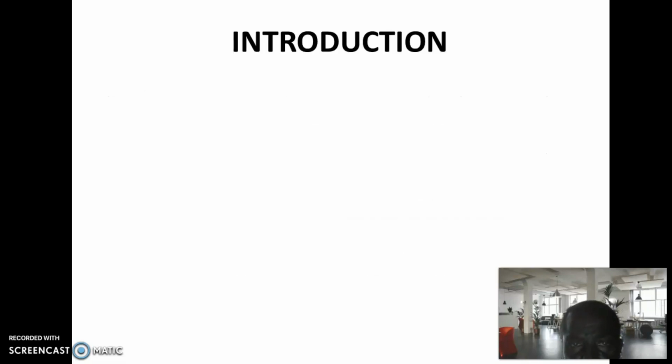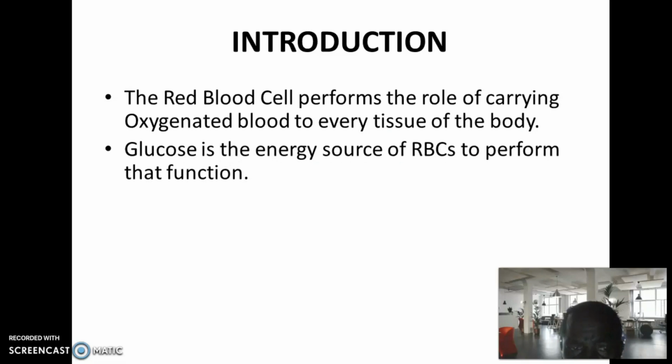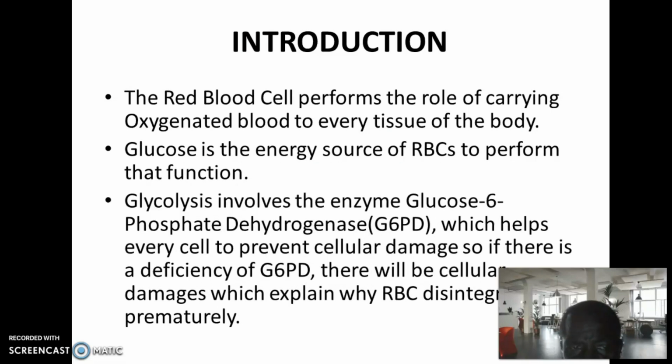The introduction. The red blood cells perform the role of carrying oxygenated blood to every tissue of the body. Glucose is the energy source of RBCs to perform that function, and glycolysis is the way of getting the energy involved, and this involves the enzyme G6PD, which helps every cell to prevent cellular damage.